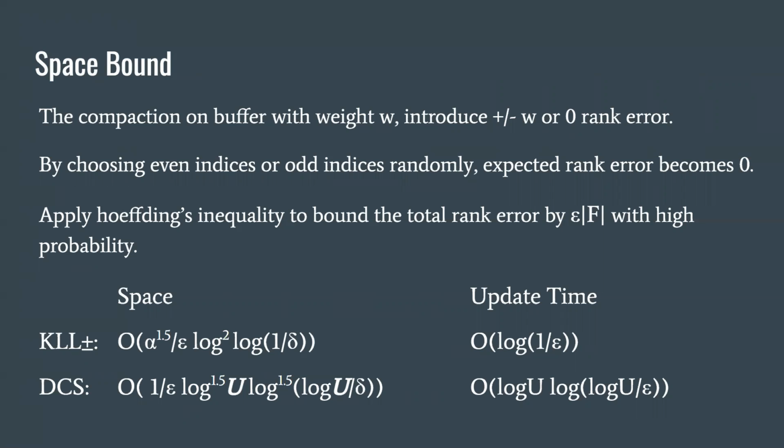Each compaction may introduce plus or minus W rank error for a buffer with weight W. By pushing even indices or odd indices randomly, the expected rank error becomes 0. Since the expected rank error is 0, we can bound the total error with Hoeffding's inequality, and hence it leads to a smaller space bound, which is independent of the universe size.